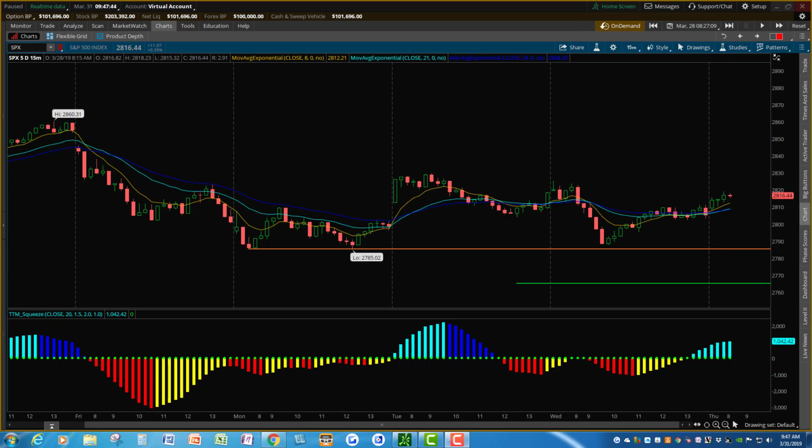So the first thing to notice on this chart, here we have a 5-minute chart of the SPX, and we have this series of a lower high right here, to a lower low. Again, we get another lower high, and a lower low.